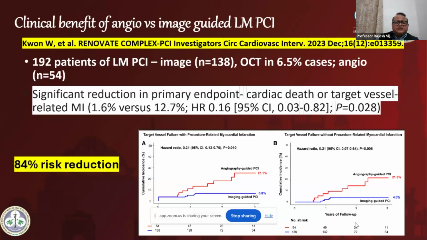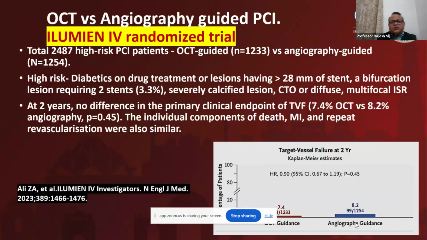We do have the ILUMIEN IV randomized trial, which has not shown a favorable result at 2 years of follow-up for complex coronary lesions, which doesn't include the left main. There were bifurcation lesions in 3.3%.